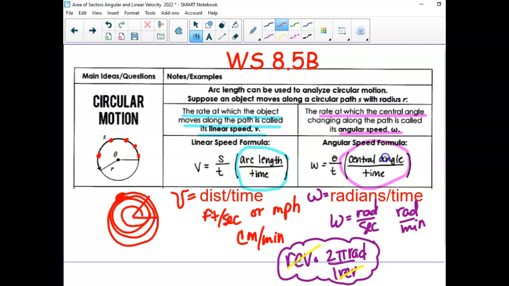It's in radians per time, okay? It is the angle, like how fast did it go from here to here, that angle, okay? The distance out here is the linear speed. It's confusing. We always talk about linear speed. We don't ever think about angular speed.